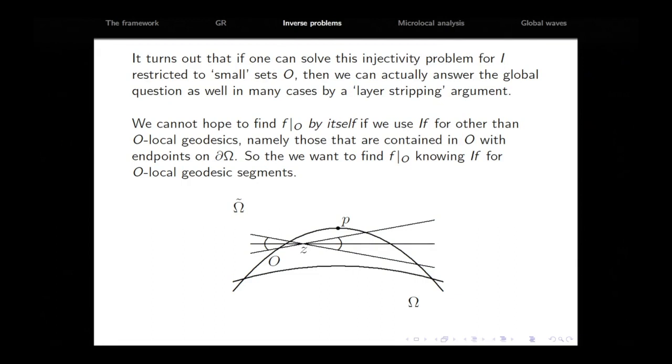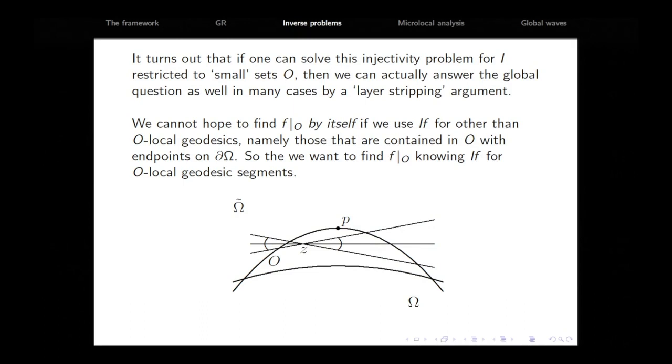So instead of solving it on this big domain omega, this big manifold omega tilde in which you have this domain omega, rather than solving it on all of omega, you're going to solve it on a smaller set O in it. And then you can actually proceed under some assumptions by a layer stripping argument. But I'm going to concentrate just on this O bit for what I want to say.